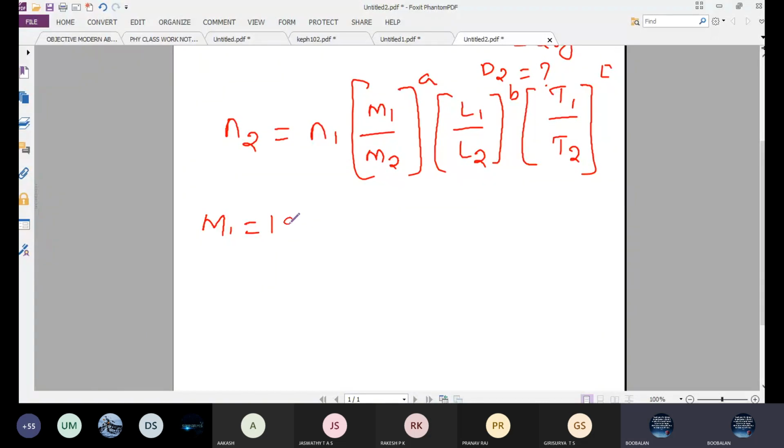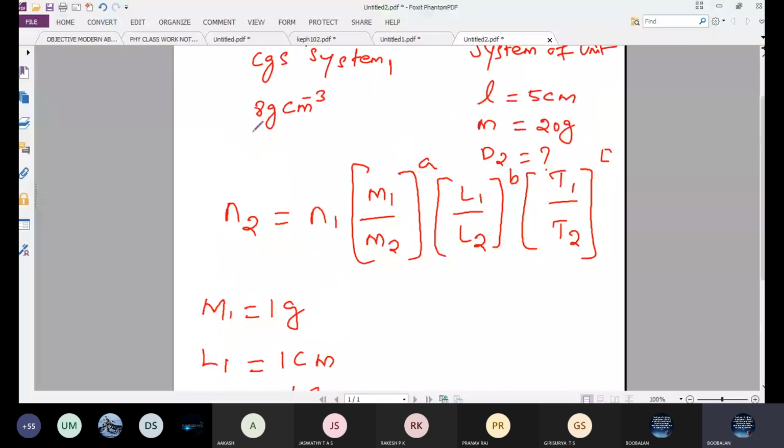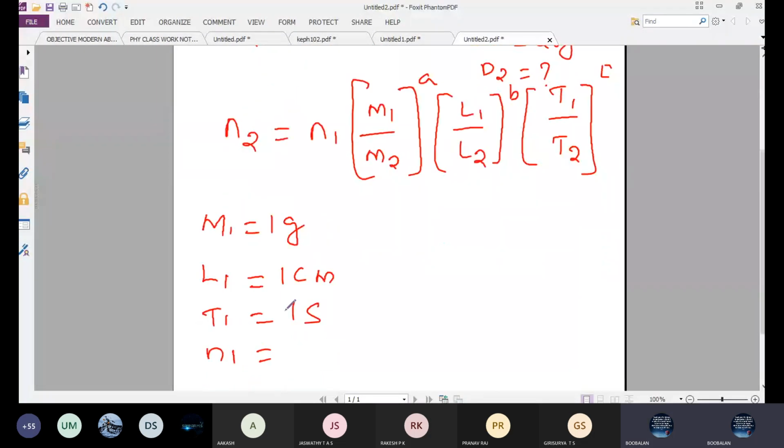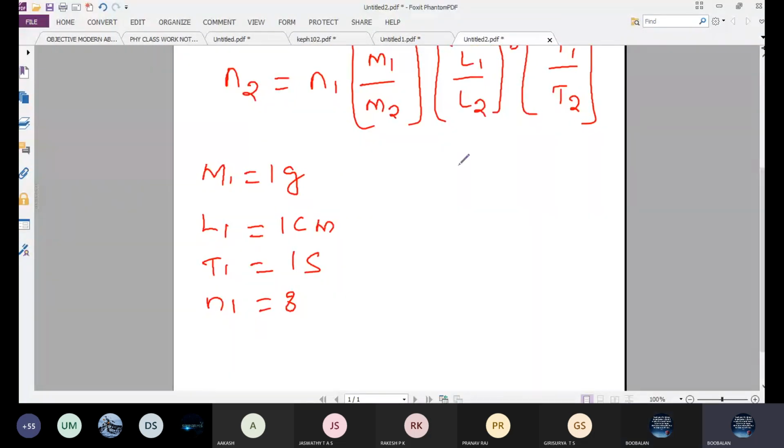We should take the L1 value, length in CGS, 1 centimeter. T1, 1 second. N1 value from the question is 8.